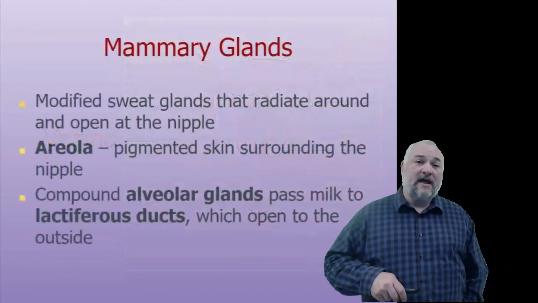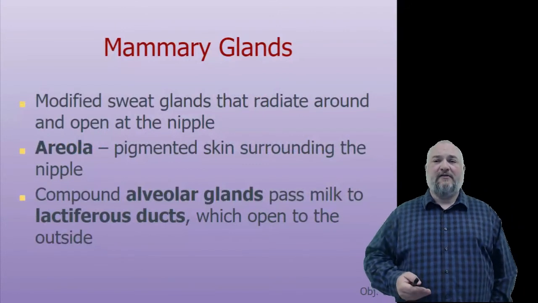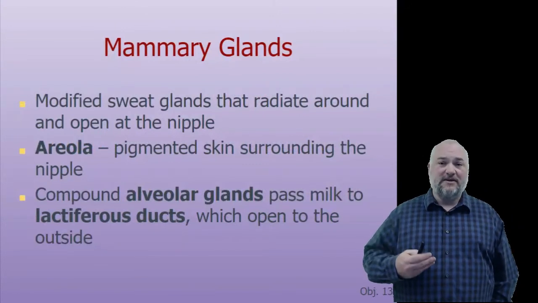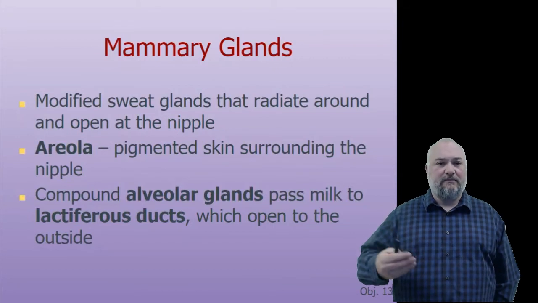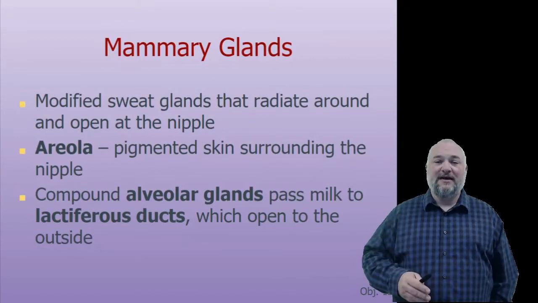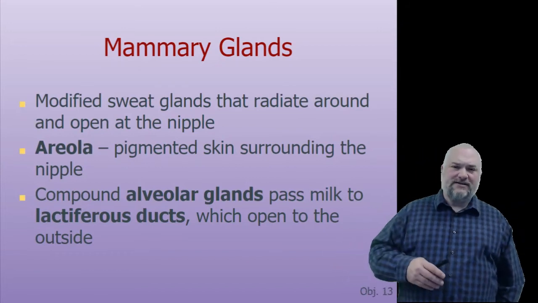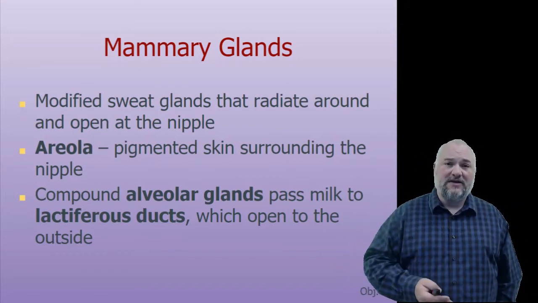All right, moving on to mammary glands. They are sexual structures involved with having babies and affected by pregnancy and birth. They are literally modified sweat glands that radiate around and open at the nipple. We think, and this is a characteristic of mammals, all mammals have them.